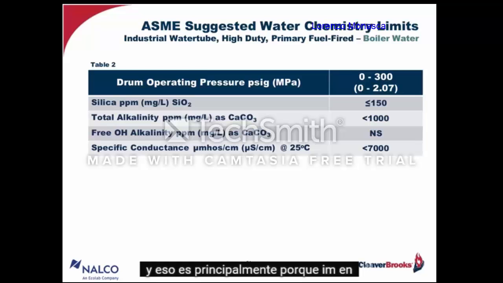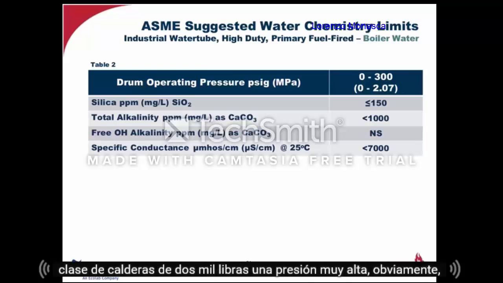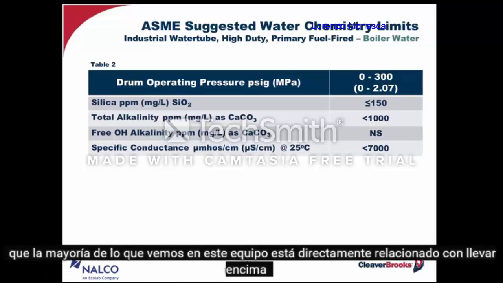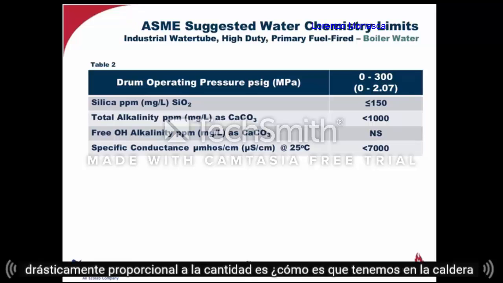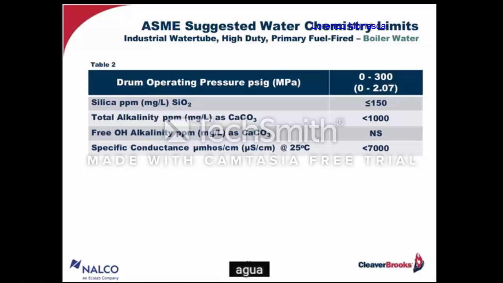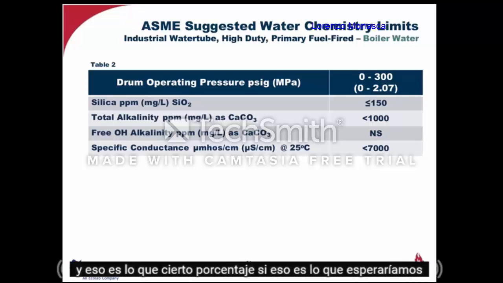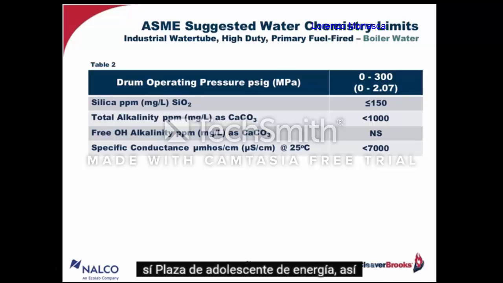And that's primarily because in boilers less than 2,000 pounds, a very high pressure obviously, most of what we see in the steam is directly related to mechanical carryover. And so it's directly proportional to the amount of solids that we have in the boiler water, and a certain percentage of that is what we would expect in our steam space as well.